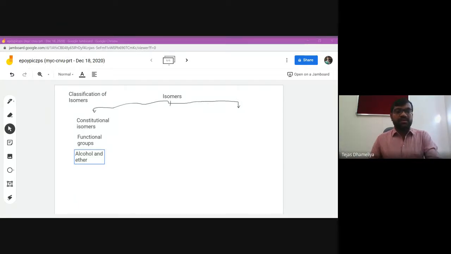Then another kind of isomer which we can have is aldehyde, and along with aldehyde, we can have ketone. So they are also this kind of isomers.